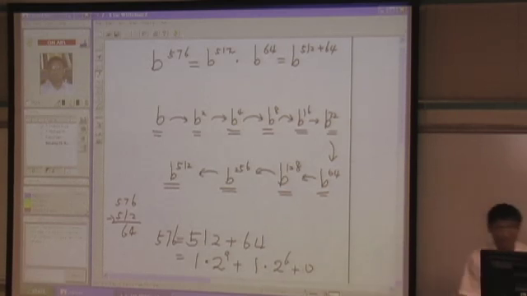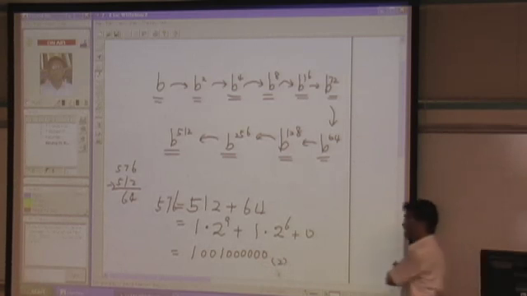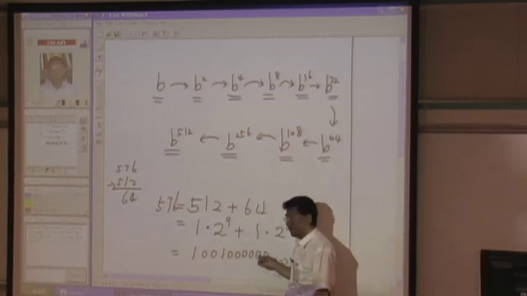Then it looks like 1, and then 8th, 7th, 6th, 5th, 4th, 3rd, 2nd, 1st, and 0, right? In binary representation. So assume that you see 0, don't care, right?